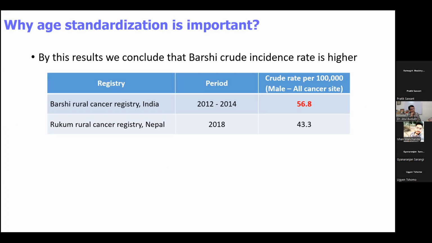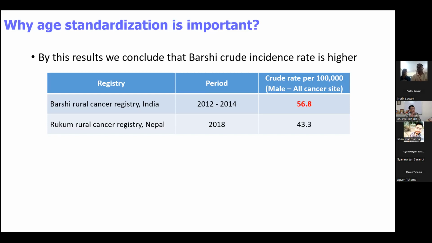Ishan, please read it carefully. 100. Barshi Rural Cancer Registry, India, period 2012 to 2014, crude rate per 1 lakh 56.8. Yes. Rukum Rural Cancer Registry, Nepal, 2018, 43.3.